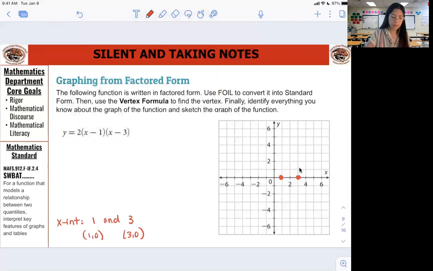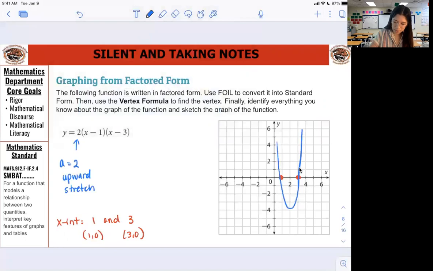Now, I'm going to do a quick little sketch of this parabola. I know that because a equals 2, what do I know? Which way does it face? Upward. It's a little stretched, right? So I'm just going to do a little sketch.